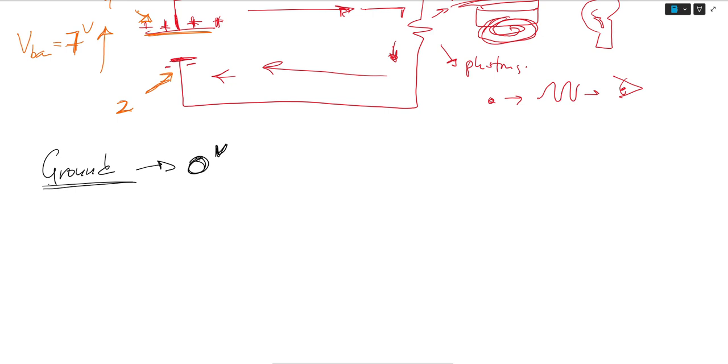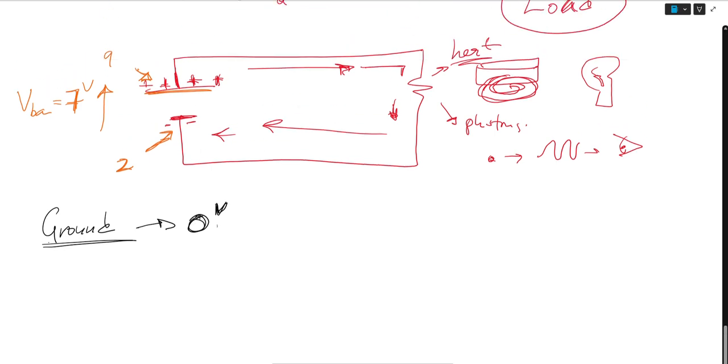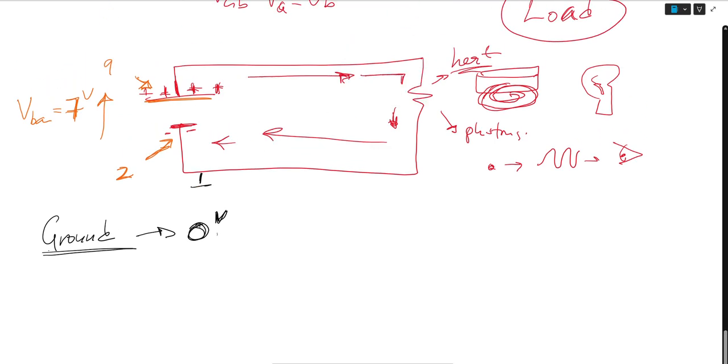The definition of ground is a reference point for which all other voltages can be calculated, right? And for convenience, this is typically the lowest voltage in the system. So ground can be any voltage. So in this system here, this can be my ground.